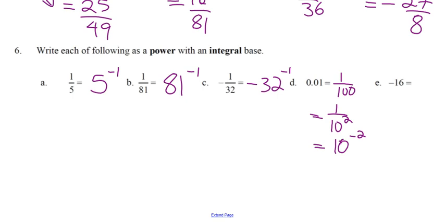Okay, and negative 16, write it as a power, negative 2 to the power of 4. Remember, the sign of the base doesn't change when we change the exponent from positive to negative. But once we have a positive exponent, if we are then evaluating, then the sign of the answer may change based on what's inside the parentheses.